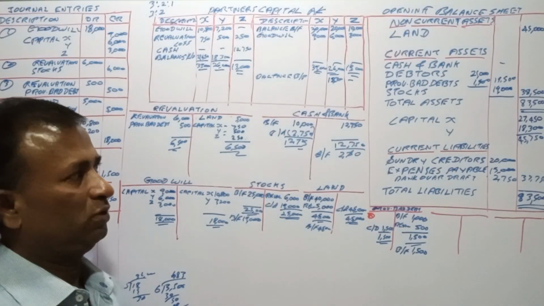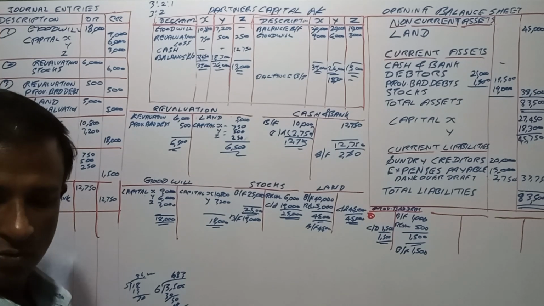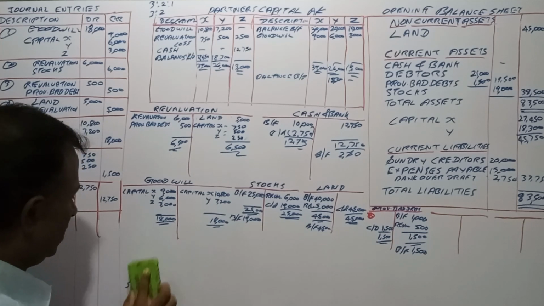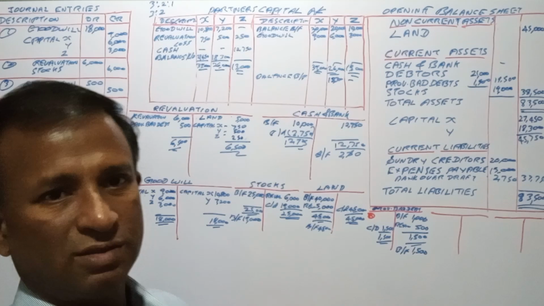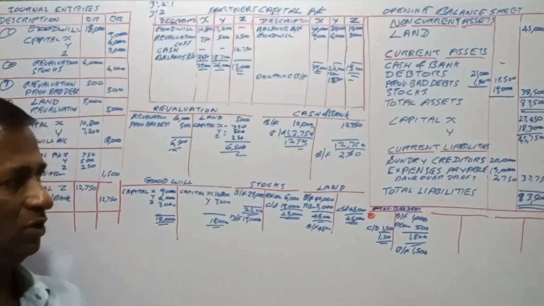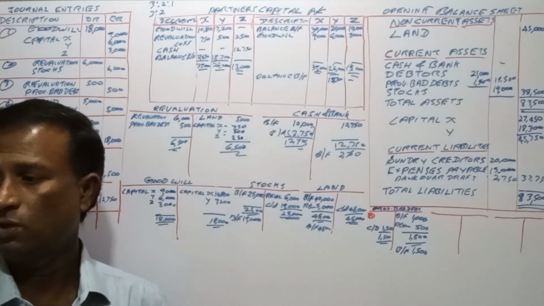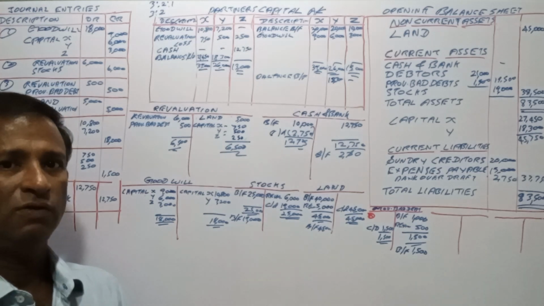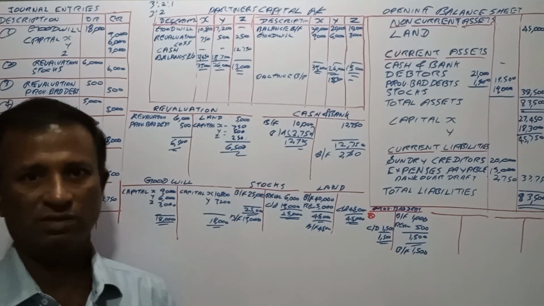So pause the video and do the question yourself, and after that come and check the answers. It is good for you because I have done many questions this way. You must be thorough with this. I hope to meet you in the next chapter. Okay, thank you.